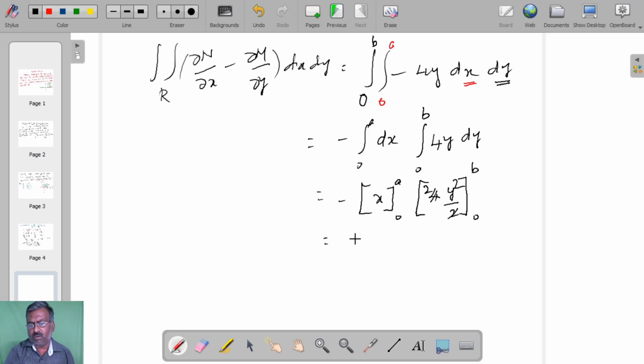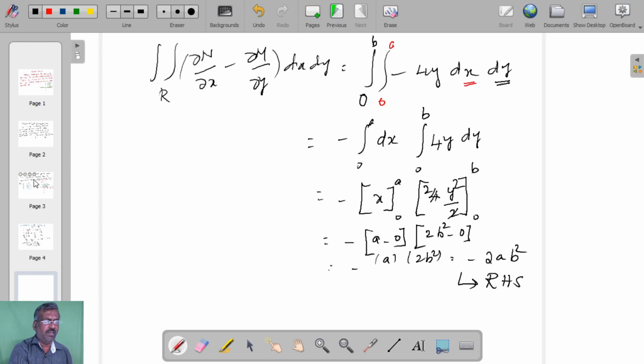Here upper limit is a minus lower limit is 0, and in this case upper limit is b, so 2b squared minus lower limit 0. So multiplying all, minus a into 2b squared. This is the RHS.